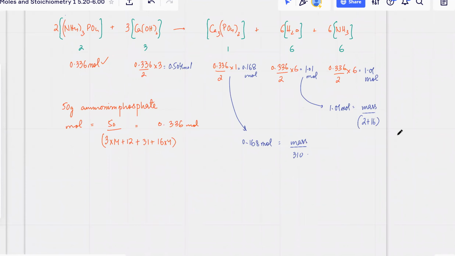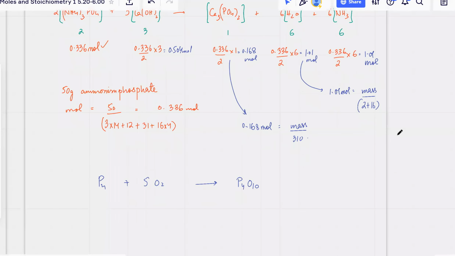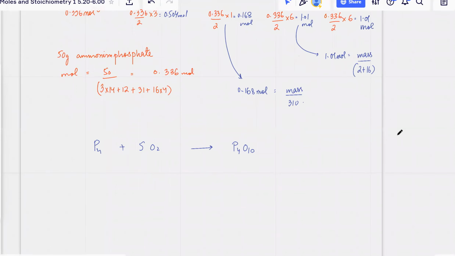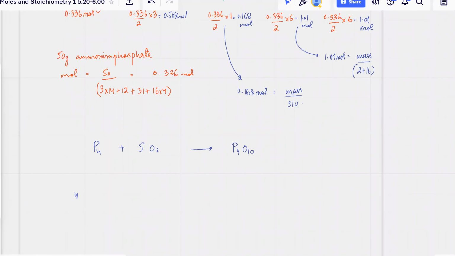So let's do a small question. Suppose P4 and O2 react and form P4O10, so I think it's going to be 5O2. So the thing is, I've been given 40 grams of P4.